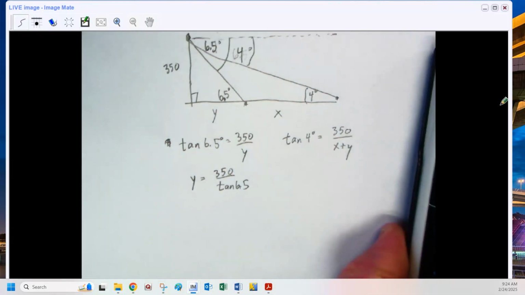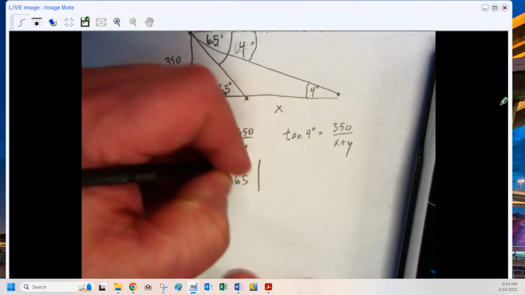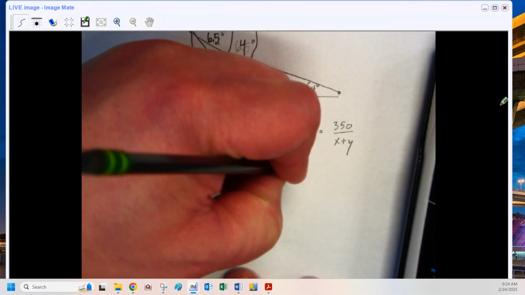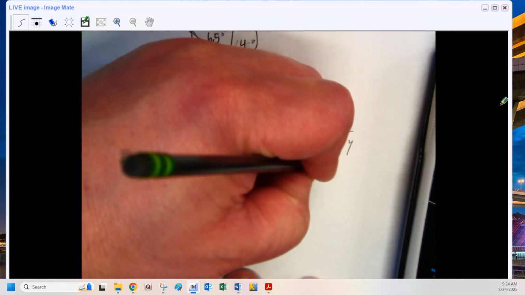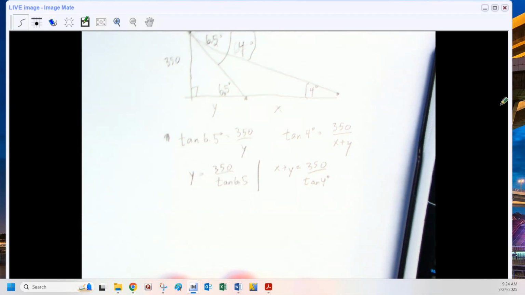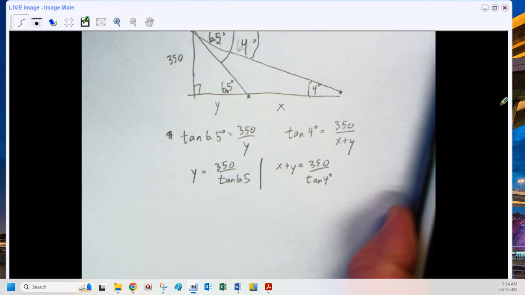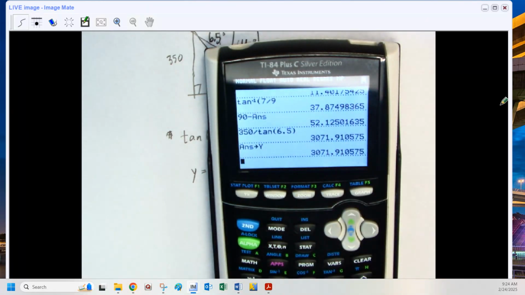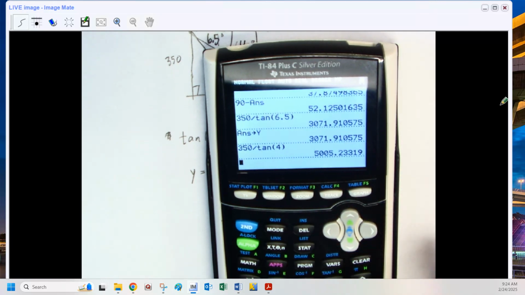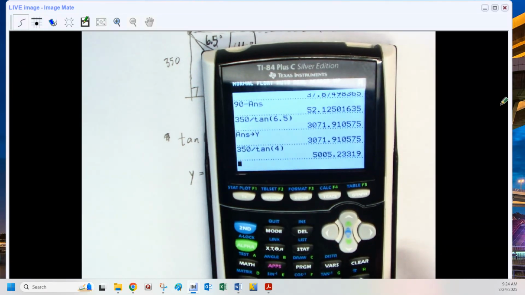And then in a very similar way, we know that x plus y is 350 divided by the tangent of 4. Okay, and so 350 divided by the tangent of 4, that's x plus y. Okay, and so if I just take that number and subtract y, then I should have x.